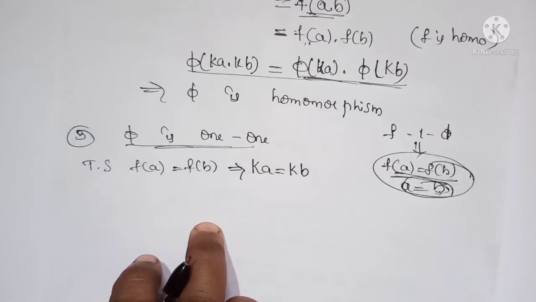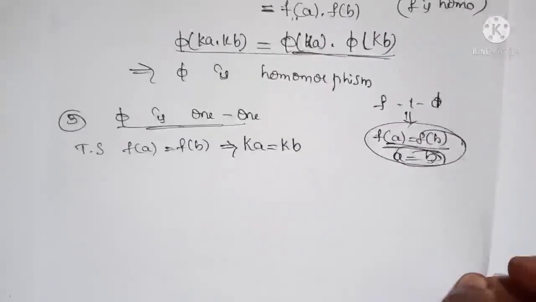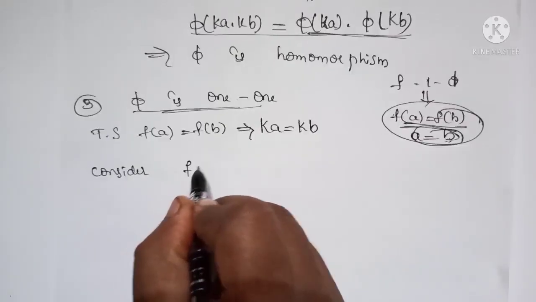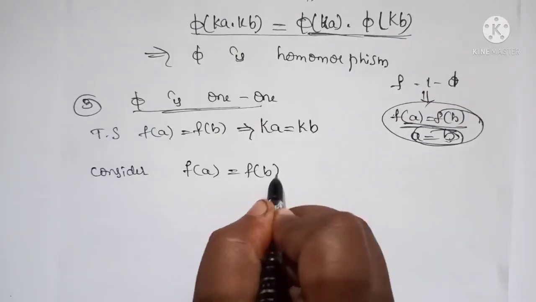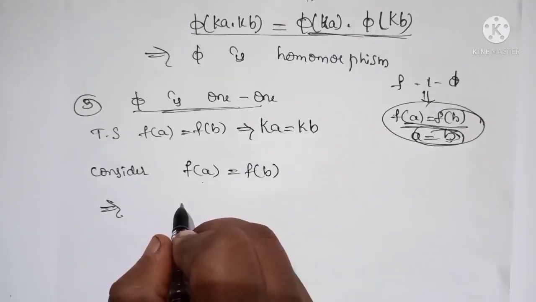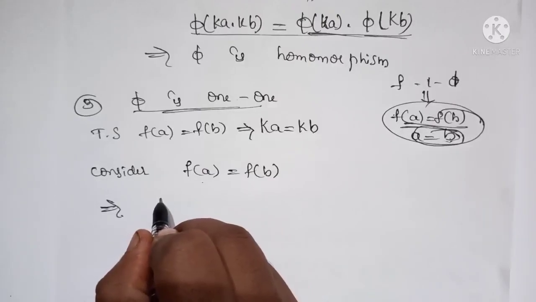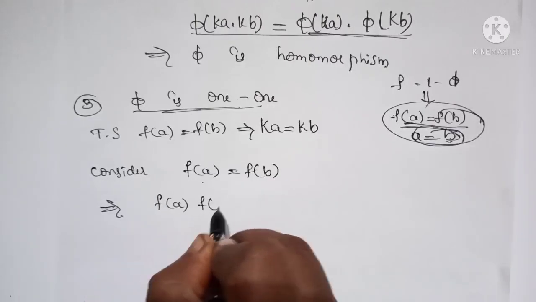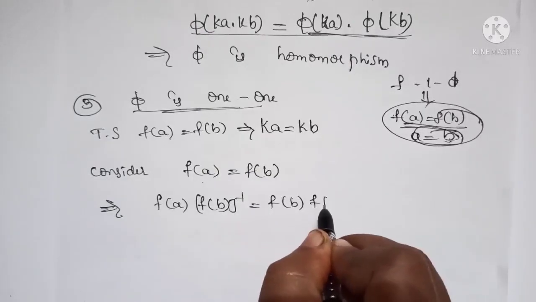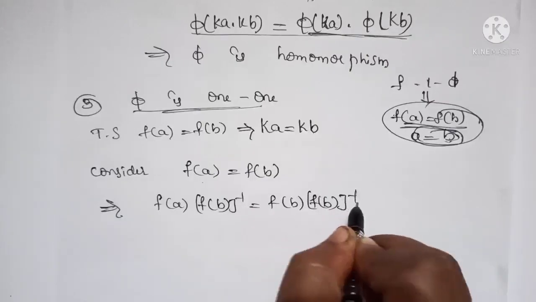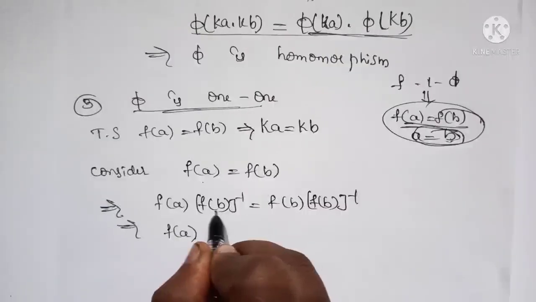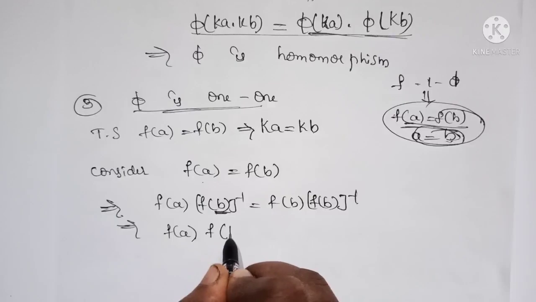Consider f of a equals f of b. Here we post multiply on both sides by f of b inverse. So f of a f of b inverse is equal to f of b f of b inverse.